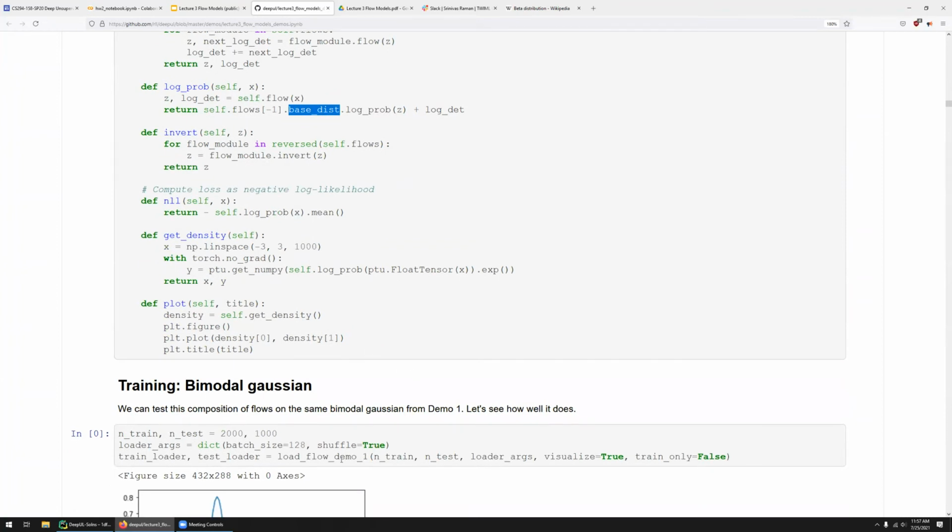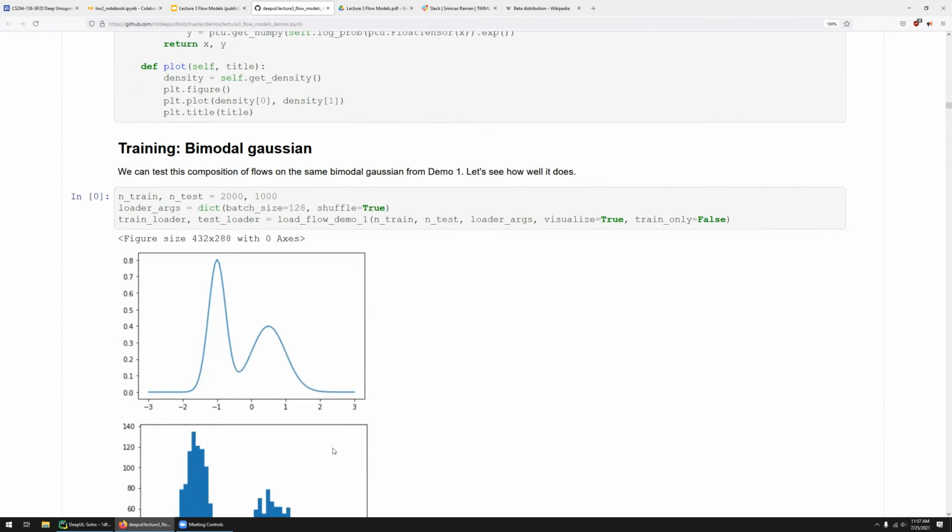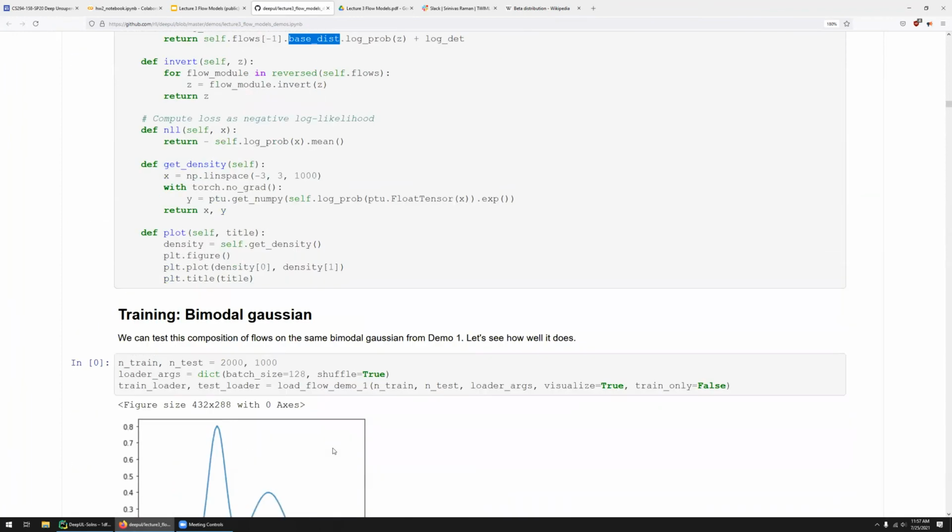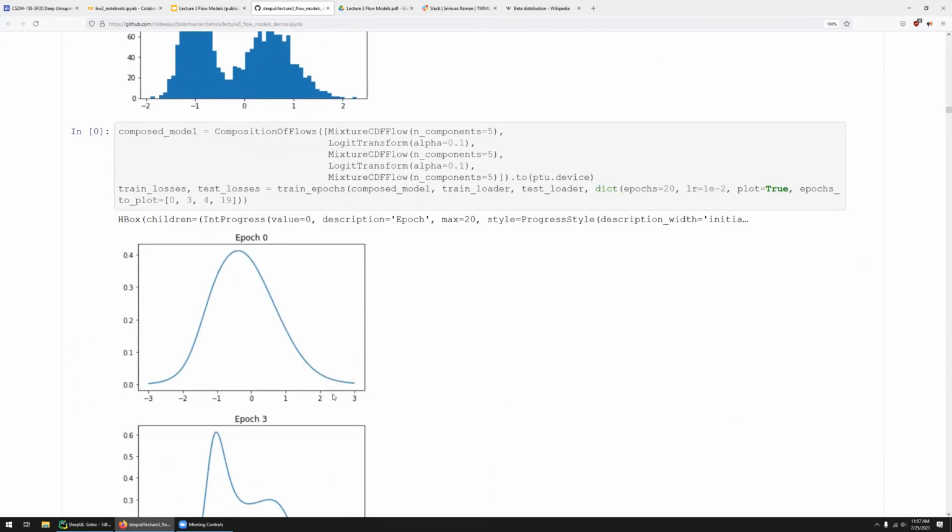Here, load flow demo 1 training. I guess it's in here somewhere. Oh no, here, composition of flows. Here we go. Mixture CDF flow, number of... yeah, it's all the same.